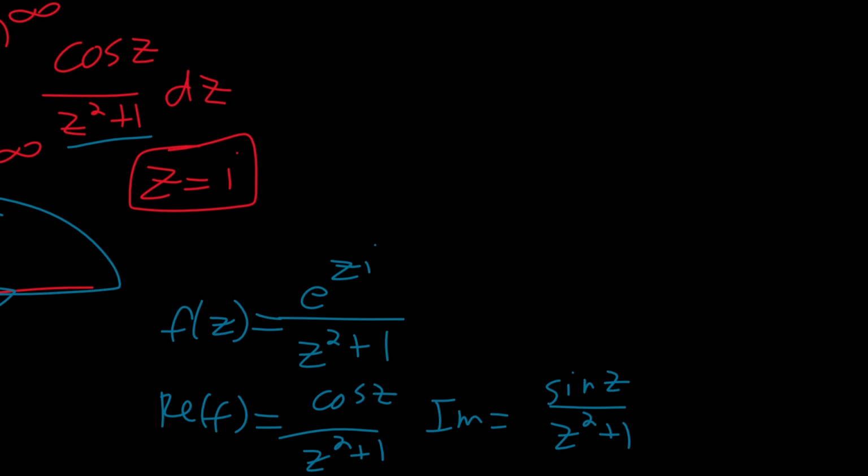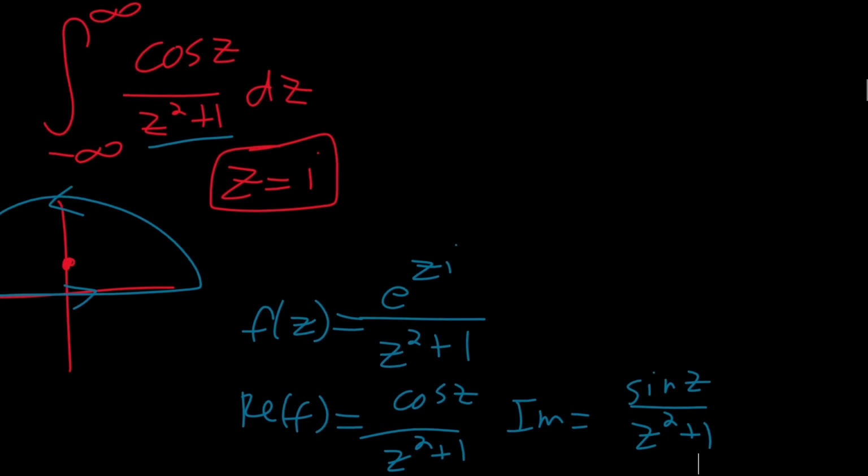So one thing that we can do then is express the integral of f of z, right? So let's express it as an integral from negative infinity to infinity of e to the zi over z squared plus 1 dz.